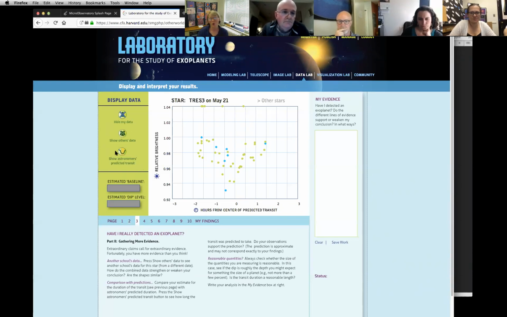We can show the astronomer's prediction of when a transit should have occurred. So here's that. This is from the published ephemeris for this star.